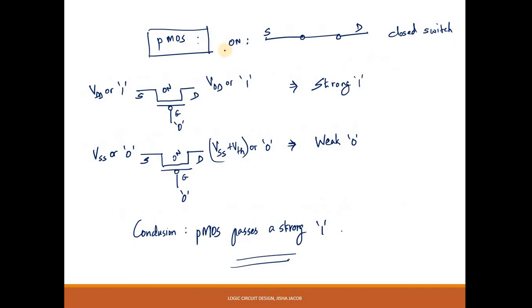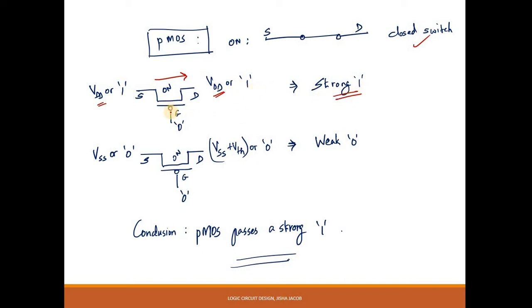In the same way, PMOS is on when you apply logic 0 at the gate. When you apply logic 0 at the gate, it becomes on and acts like a closed switch. Now, when it is on and you apply VDD or a logic 1 at the source end, it conducts and you get a perfect VDD without any reductions, and therefore it is a strong 1.